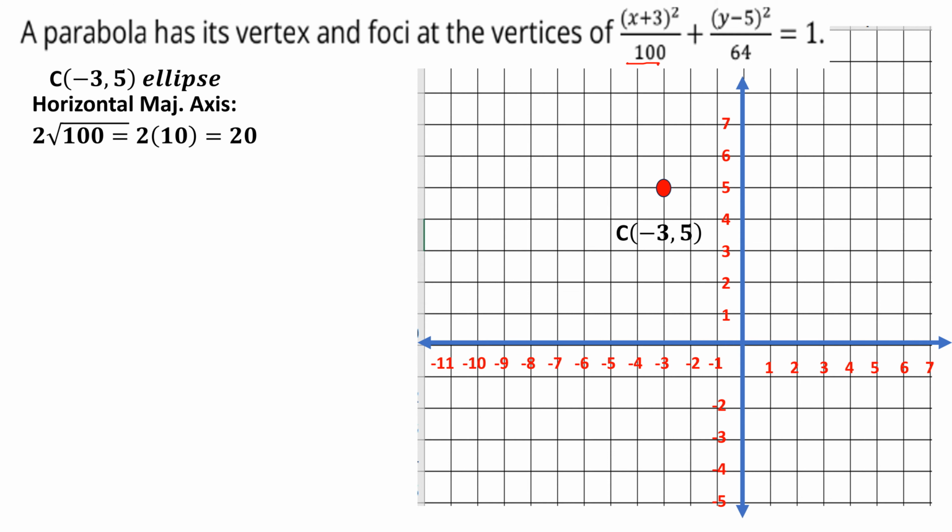Our first fraction denominator is 100, and there we can determine the horizontal major axis length. It is horizontal because our first variable there is x. So 2 times the square root of 100 is 20.